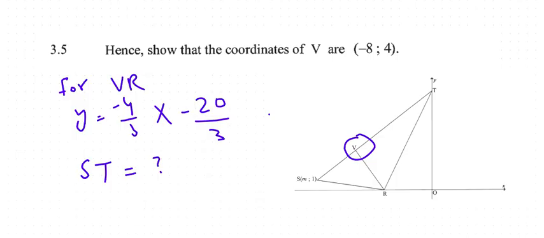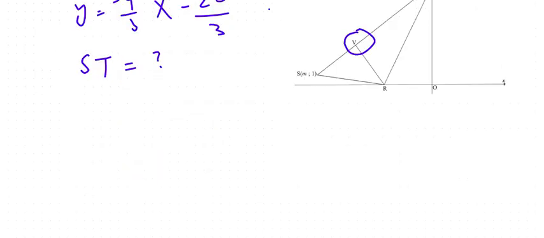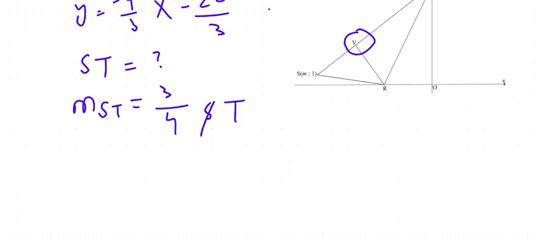We have a gradient m of 3 by 4, and the coordinates of T are 0 and 10. So the y-intercept c is equal to 10.